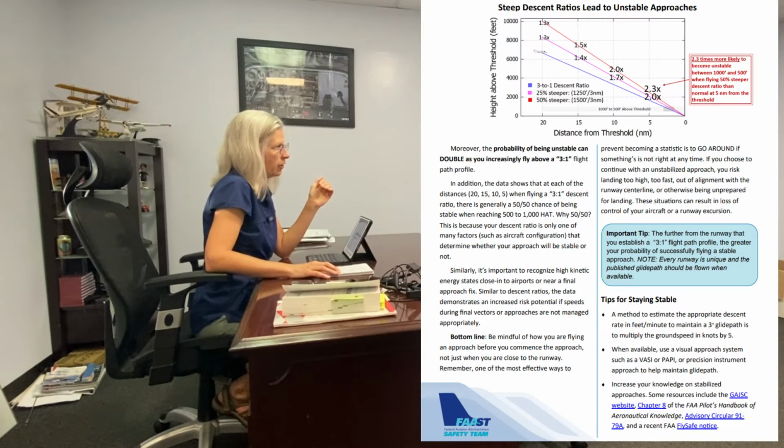So we want to practice shooting our ILS at Jax International at 100 knots with no flaps. And the idea would be we don't want to make any configuration changes below 500 feet AGL. Okay, and that's sort of a good rule of thumb in general, whether you're flying VFR or IFR. You want to have everything stabilized. And in IFR land, we want to back that out further, right?